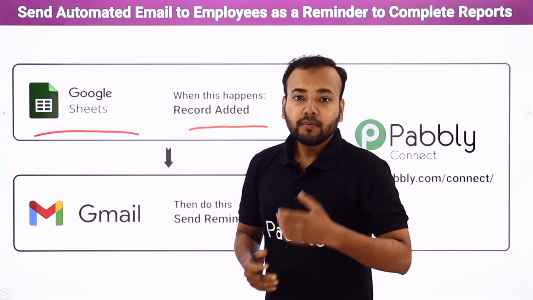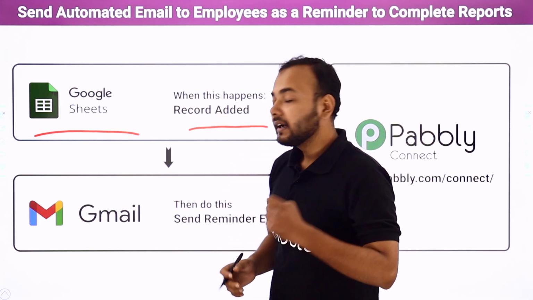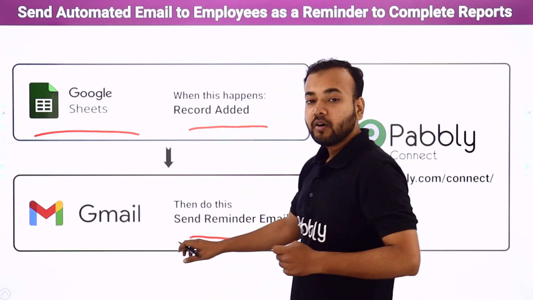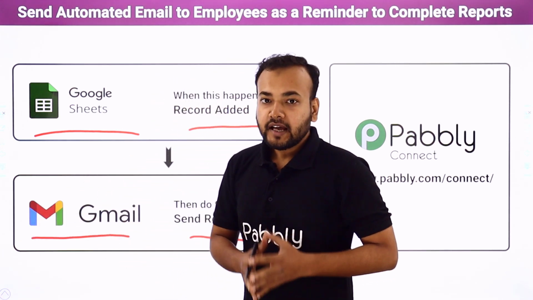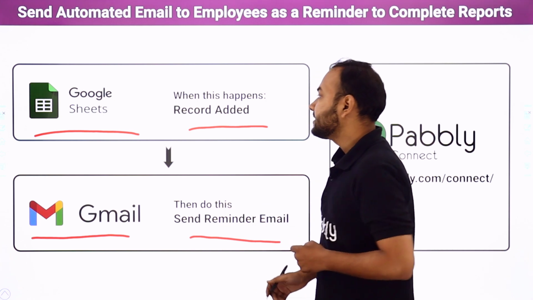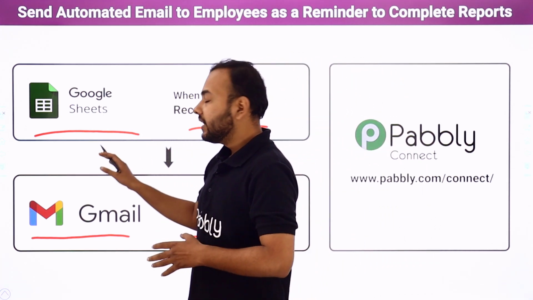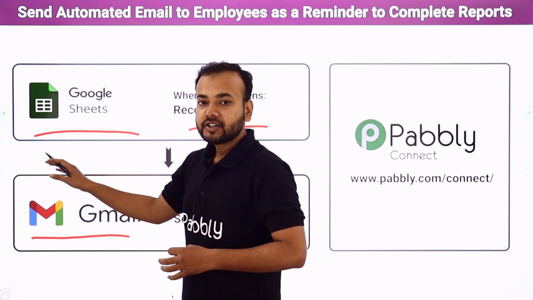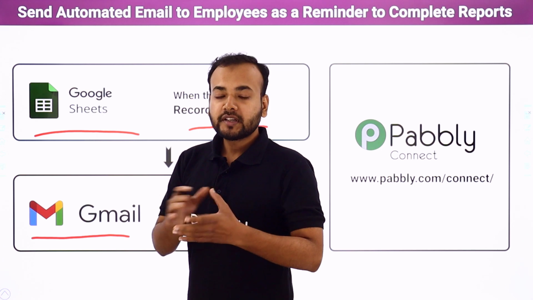And for those employees whose work and reports are incomplete, you want to send them email reminders on their Gmail accounts, right? Now to get this done, you have two ways. One way is that you regularly check this record that you have filled in a spreadsheet in the Google Sheets application and find out which employee's report is incomplete.